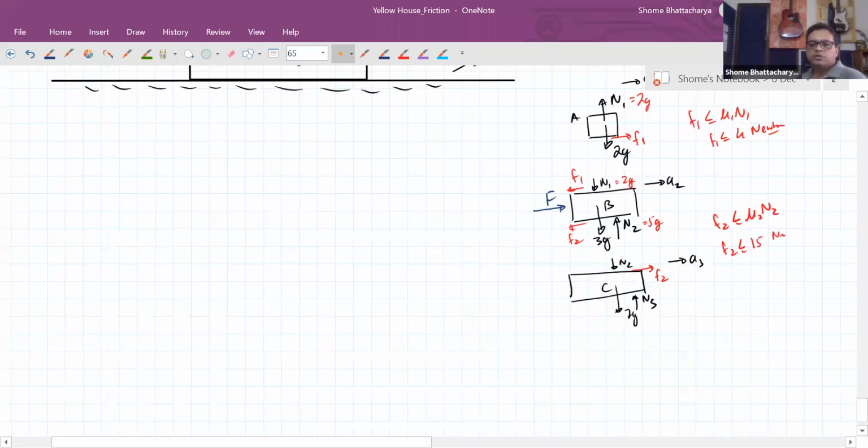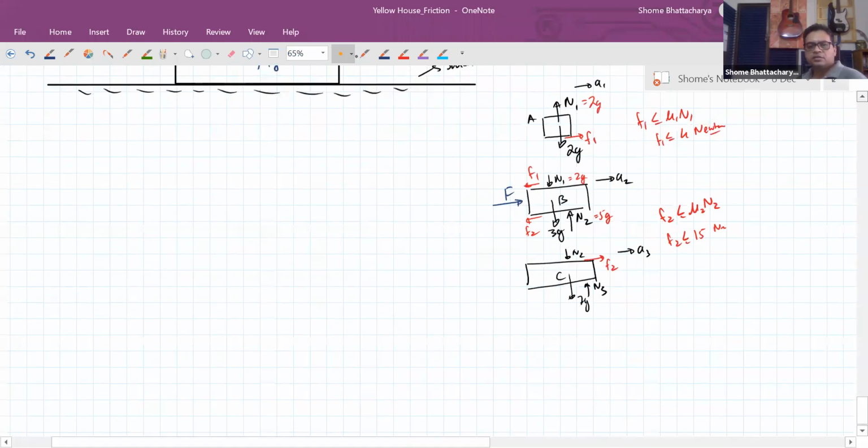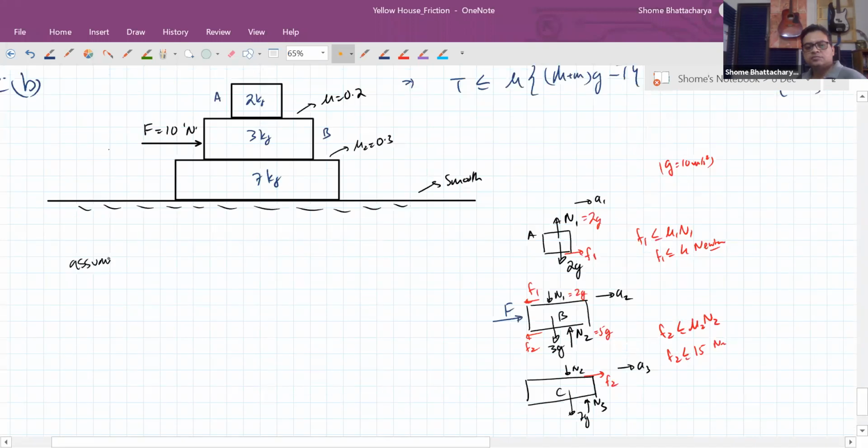Now next we'll start with the assumption that they have common acceleration. So assuming no slipping, that is A1 is equal to A2 is equal to A3 is equal to some common acceleration A, suppose, and F1 is static friction, F2 is static friction.